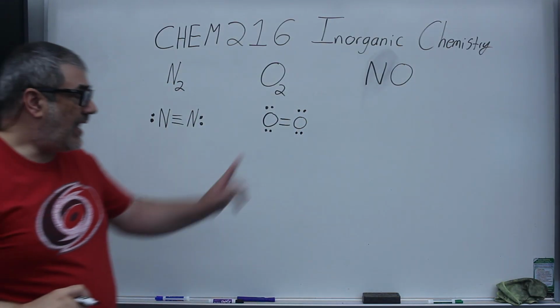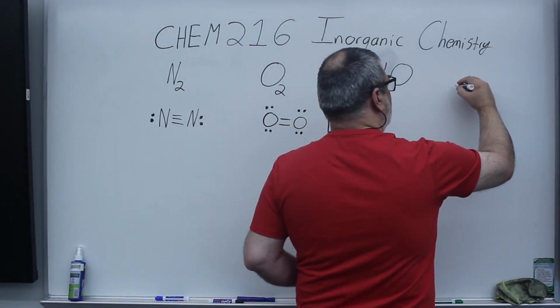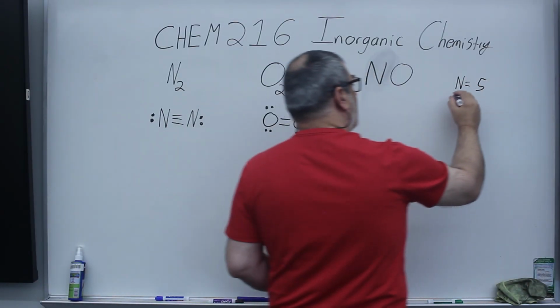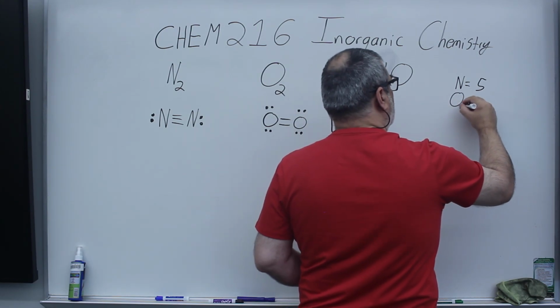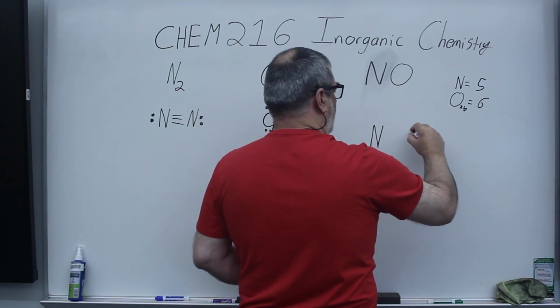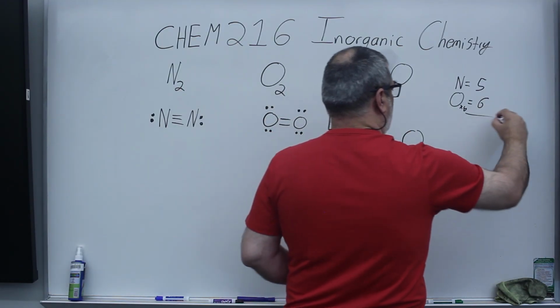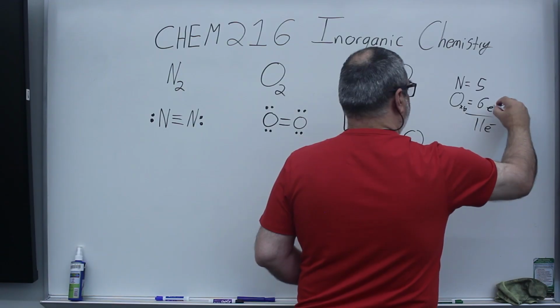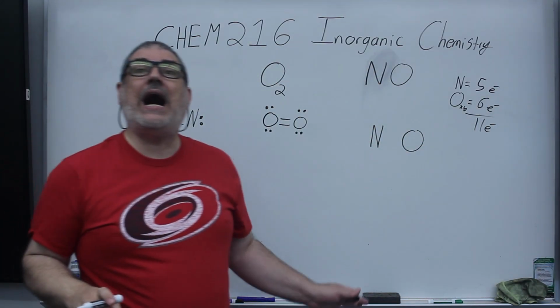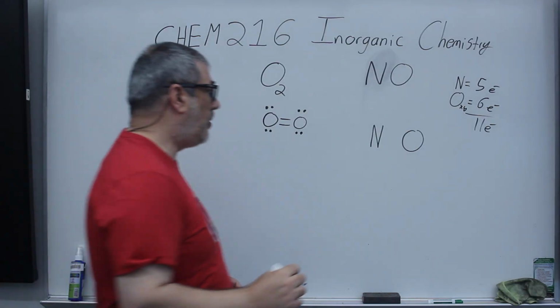on the oxygens. And here I'm going to take the time to put this formally. So nitrogen has 5 valence electrons. Oxygen has 6. Okay? See why it's important to count these up. We have 11 electrons. Right there, an odd number of electrons should give you pause.